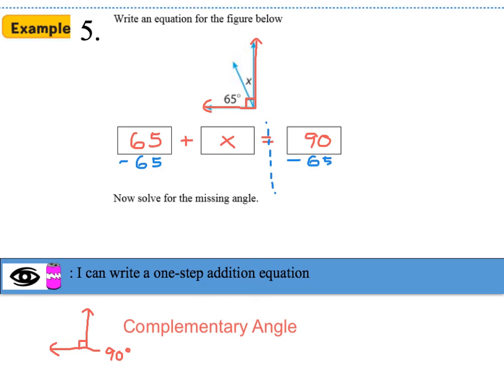And by subtracting it on both sides, we are using the subtraction property of equality. So 65 minus 65 goes away, and I can drop down the value of x. And on the right-hand side, I can subtract 90 minus 65 to get 25. So the missing angle is 25 degrees.